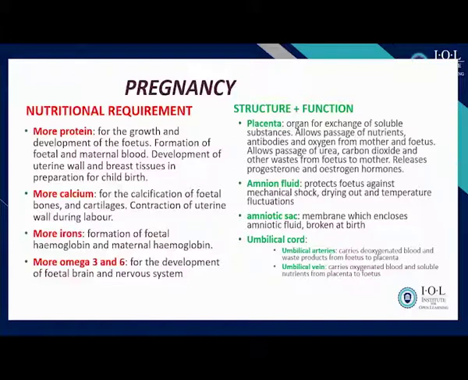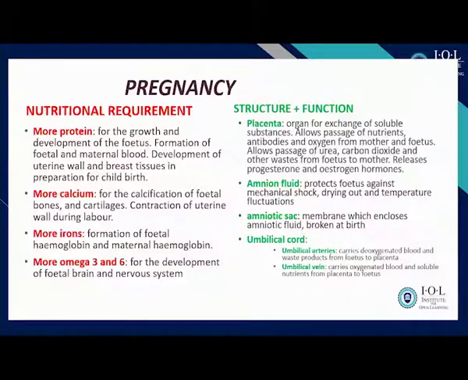Not only that, calcium is also needed for the contraction of muscles. And the uterus wall is a muscle, made up of muscles. So during labor, she will need calcium so that these muscles will contract. The pregnant lady needs more iron as well.